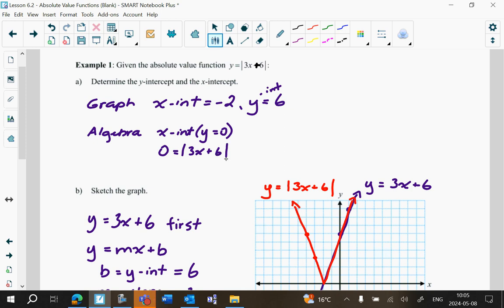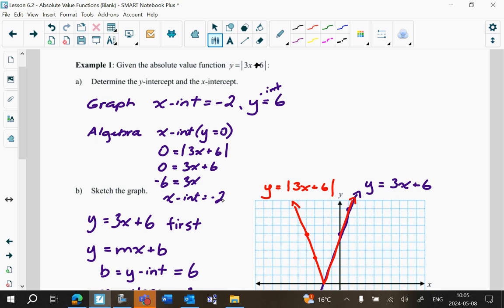Well, since it's 0, I really don't need the absolute value bars. I just need 3x plus 6. So therefore, -6 equals 3x. The x-intercept is -2.